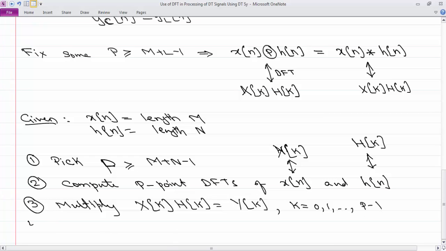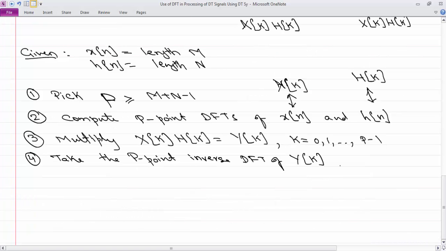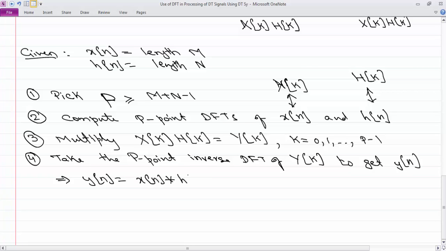And then you take the P-point inverse DFT of Y[k] to get y[n]. Okay. And then that y[n] is going to be equal to x[n] linear convolution with h[n].